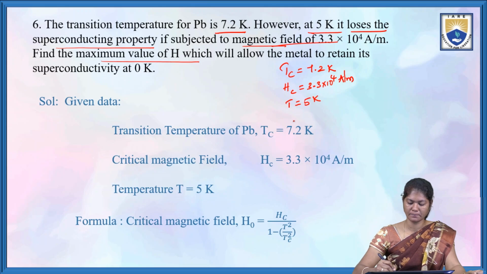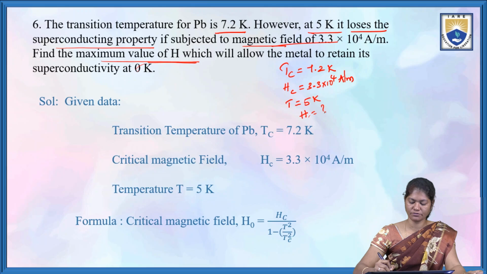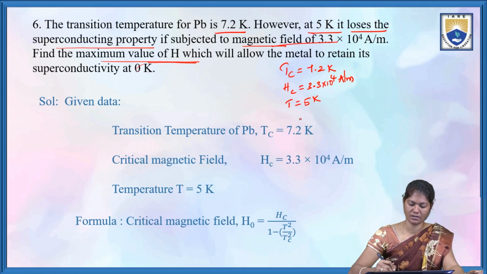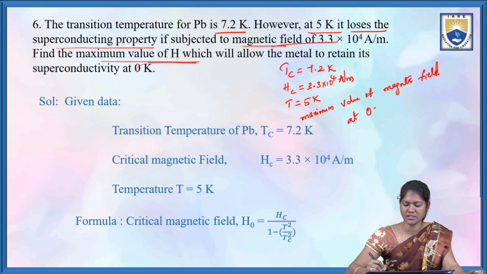So we have to calculate the maximum value of magnetic field at 0 degree Kelvin, that is H naught.